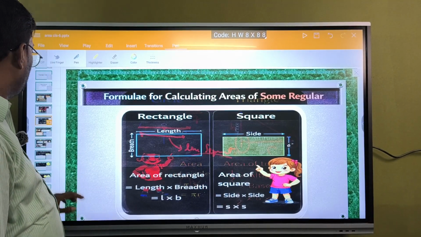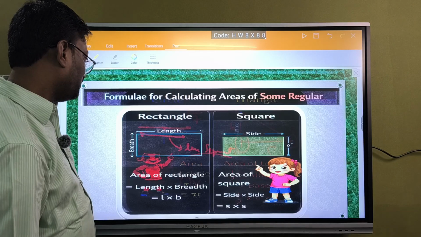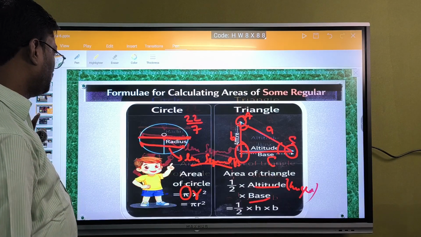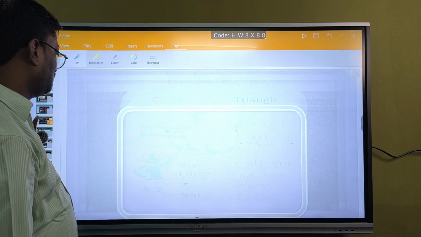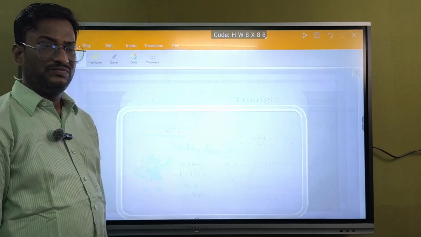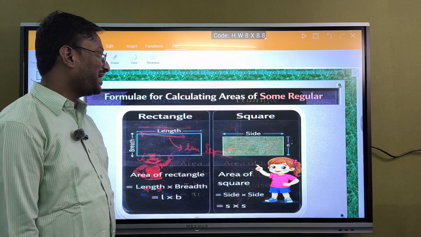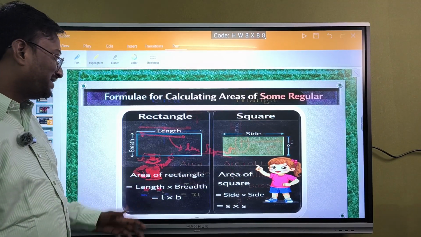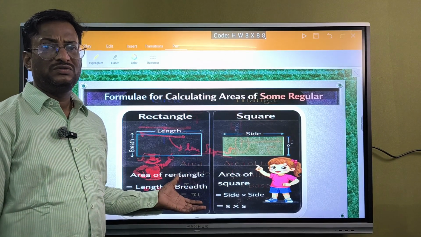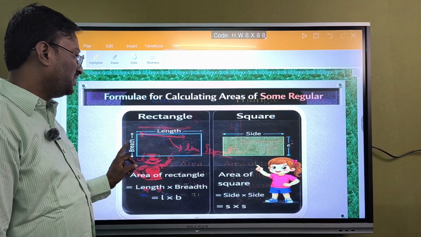So this is a rectangle, square. Now we go for the formula for calculating areas of a rectangle. A rectangle will have two sides, one is length and one more is breadth.